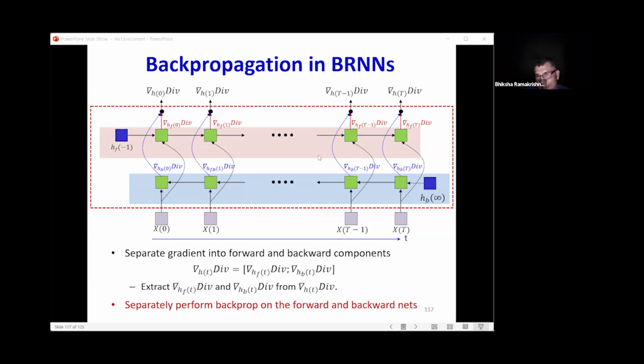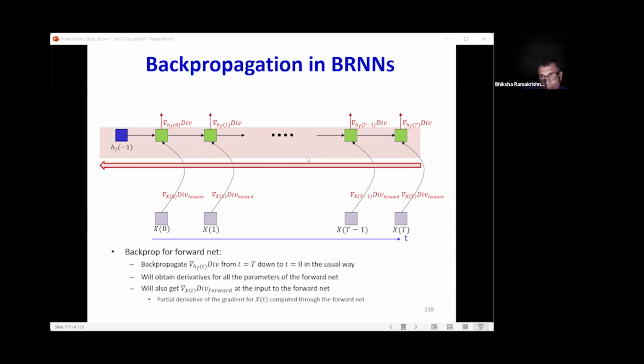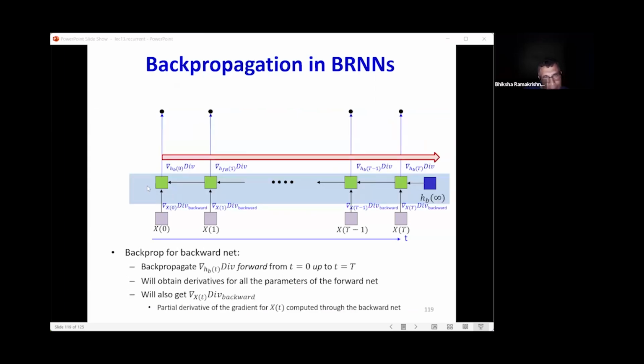That makes sense, right? And thereafter, the rest is simple. In the forward pass, I can just use your standard backprop, except I'm going from end to beginning. In the backward pass, I can use the standard backprop, except I'm going from beginning to end, because here the computation was from end to beginning. So the derivatives must go the other way. Did this make sense?